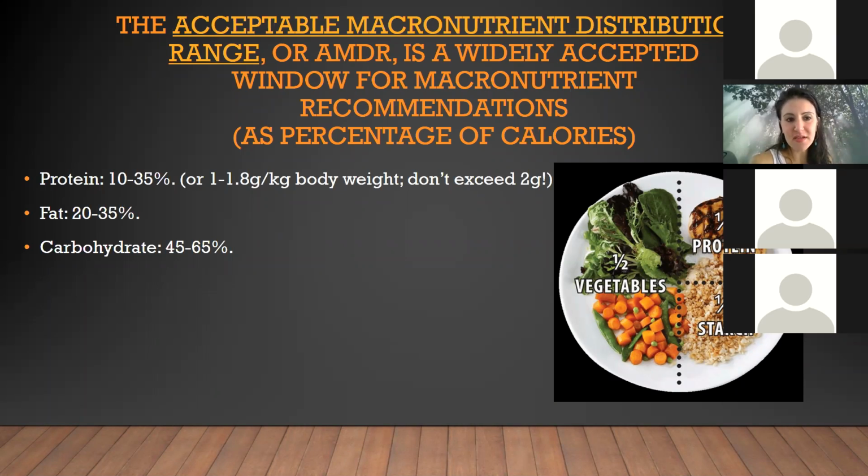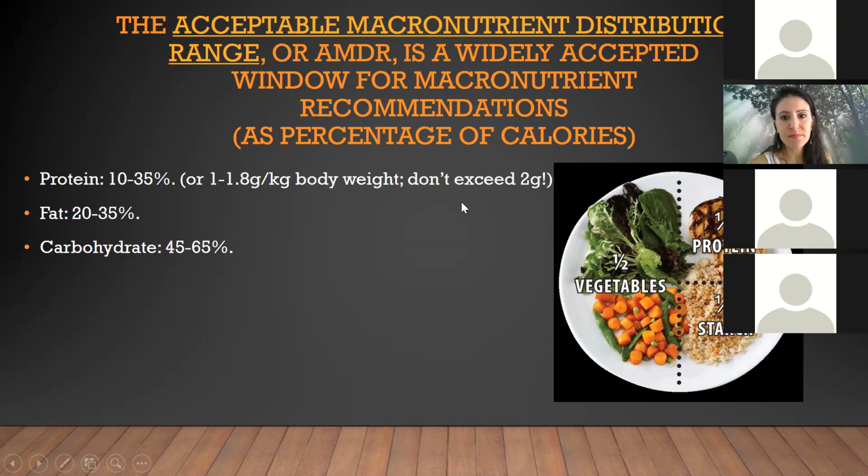For fats, I would say 30% is usually where I aim. And for carbohydrates, this is a huge range. If you are exercising every day and intensely, you want to be on the upper end, minimum 55% carbohydrate. If you're really sedentary, you don't move a lot, you can go down to 40% to 45%. So I play around with that a little bit based on someone's life.